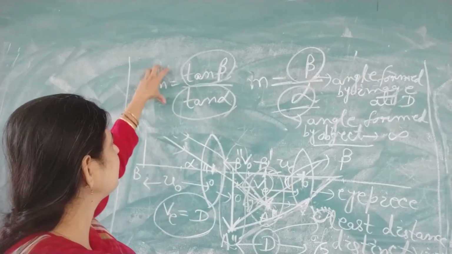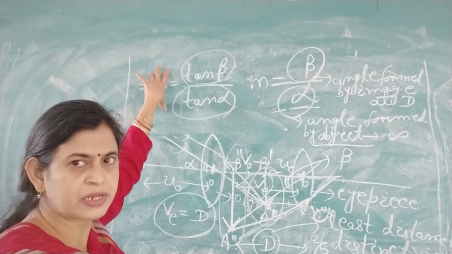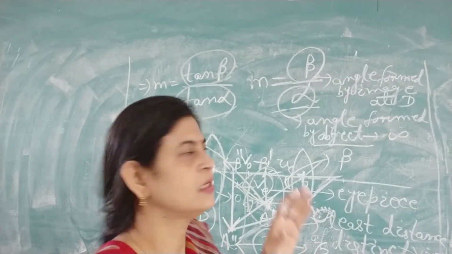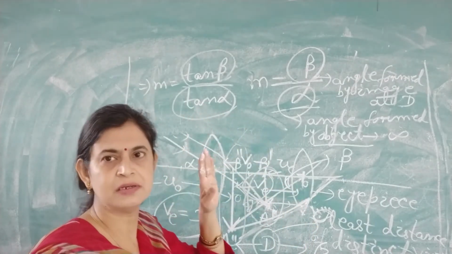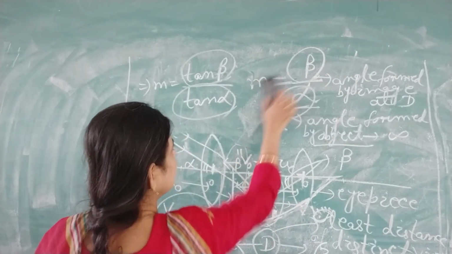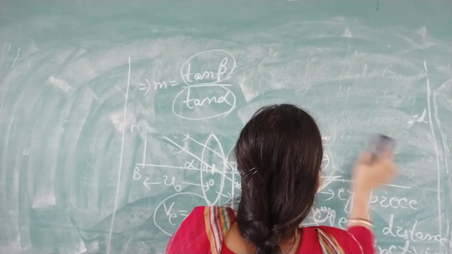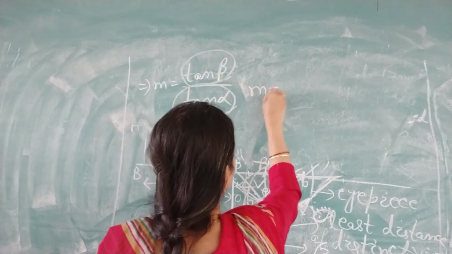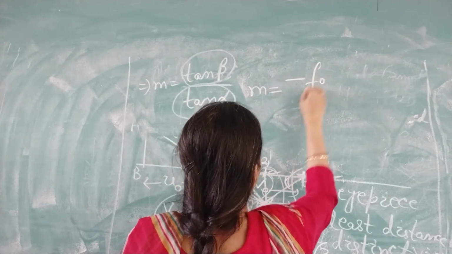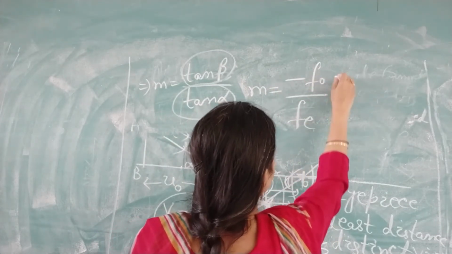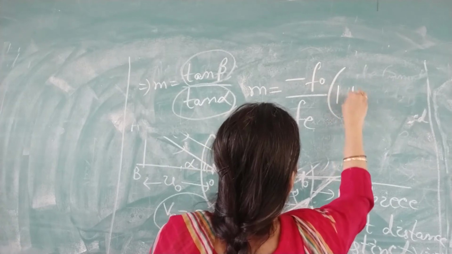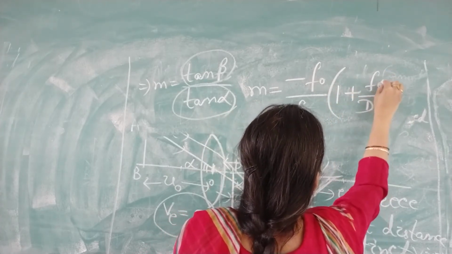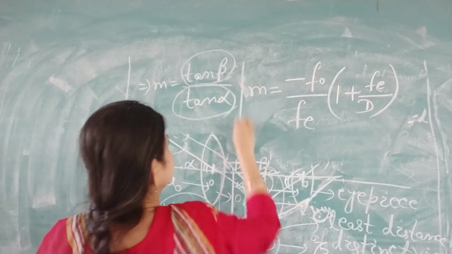Then you can finally find out the value of your magnifying power. But according to your revised syllabus, the derivation has been deleted. So only remember the magnifying power is equal to minus F0 divided by Fe into 1 plus Fe divided by D.